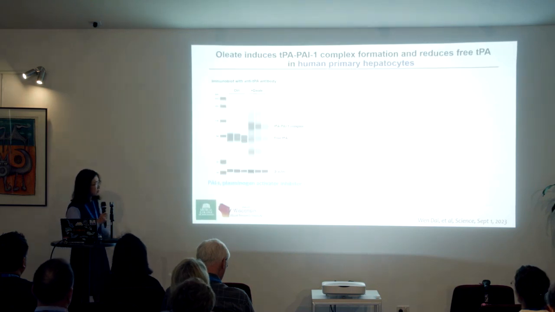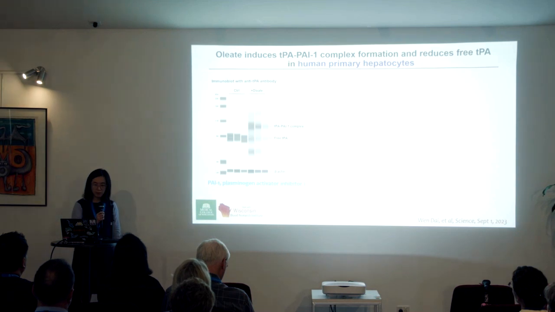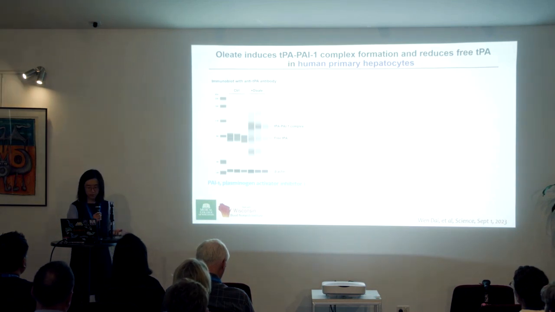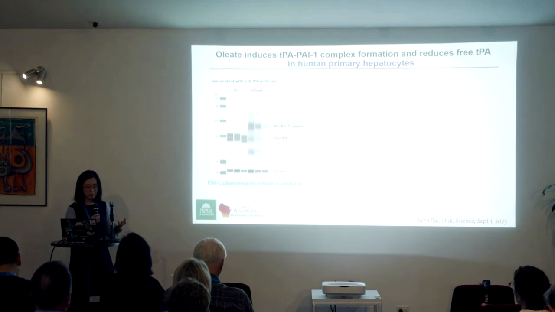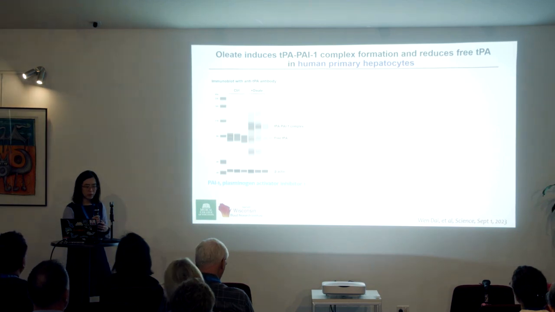To mimic the lipid loading in the hepatocyte, we use oleic acid as a model, because oleic acid is the most abundant fatty acid in our diet, and it's also known to stimulate VLDL assembly.